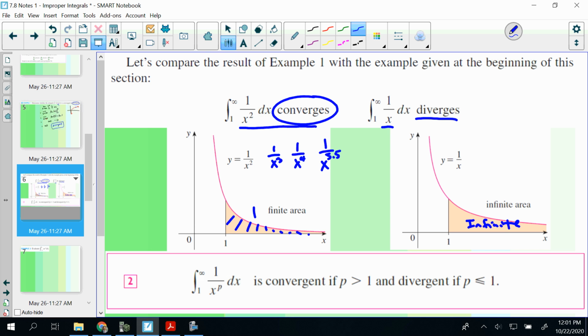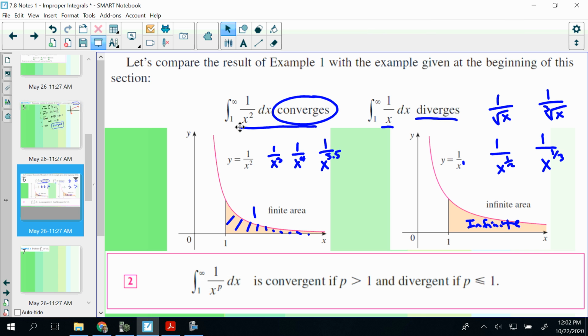If the exponent is 1 or anything less, it's going to be divergent. So 1 over x is divergent. If you have 1 over x to the half power, that would be divergent. Remember, that would also be the same as 1 over square root of x. That would not converge. 1 over x to the 1/3 power would also not converge. It'd be divergent. That would be the same as the cube root of x. So any of these are not going to have a finite amount of area. It'd have infinite area underneath.